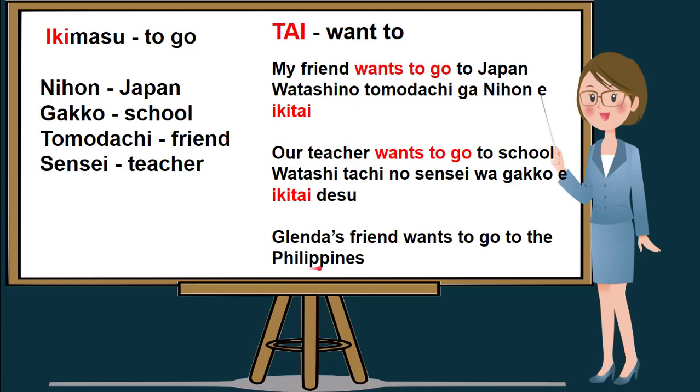But after saying Philippine, we will be using particle e. So if we translate Glenda's friend wants to go to the Philippines, it will be Glenda-san no tomodachi wa Philippine e ikitai. Let's repeat again. Please follow after me. Glenda-san no tomodachi wa Philippine e ikitai. Once again. Glenda-san no tomodachi wa Philippine e ikitai.